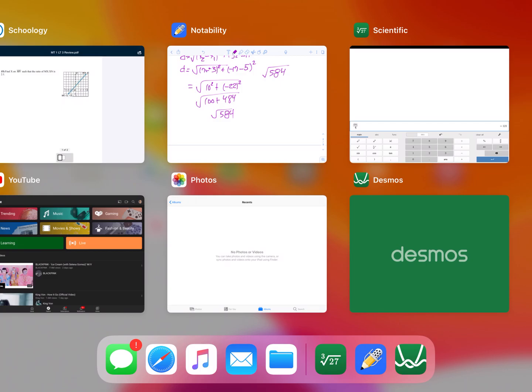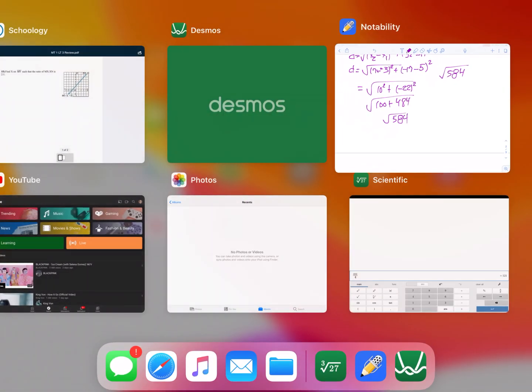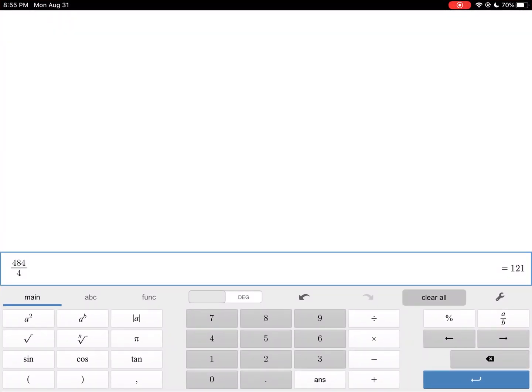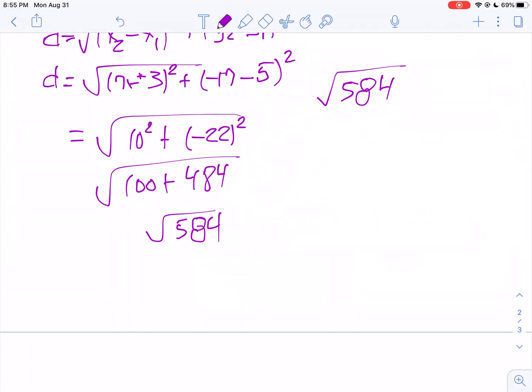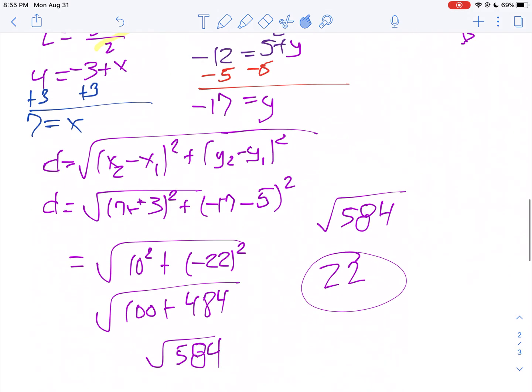Oh, that is so perfect. In fact, I did this a hard way. Look what happens. Let's take the square root of 484. Should have noticed that. It's 22. So the answer is 22 from A to B. They didn't give you any units in the problem, so I won't put units in your answer.